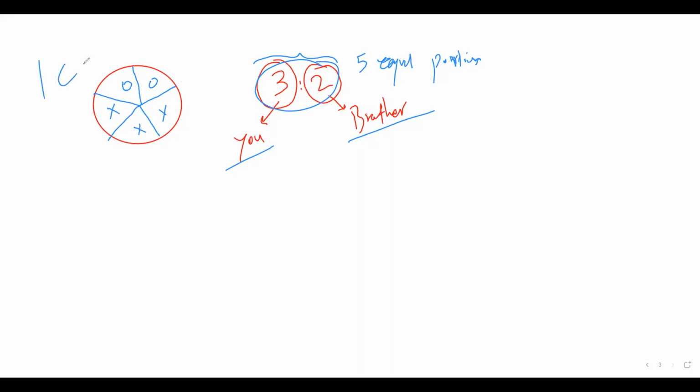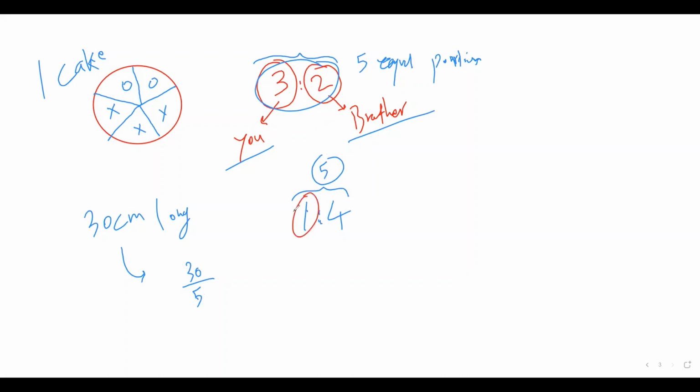However, here we had just one cake, but let's say you have a piece of wood which is 30 cm long, and you're asked to divide it into ratio of 1 to 4. So what would you do? You add up these 2 numbers, that is 5. Then you divide 30 by 5, and one of those portions would be 30 over 5 times 1.